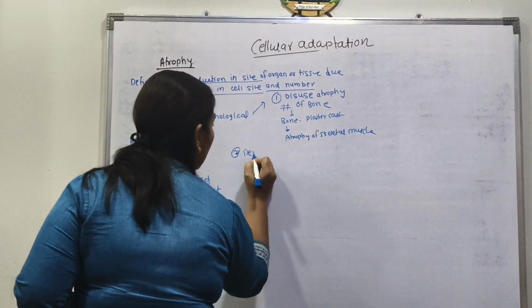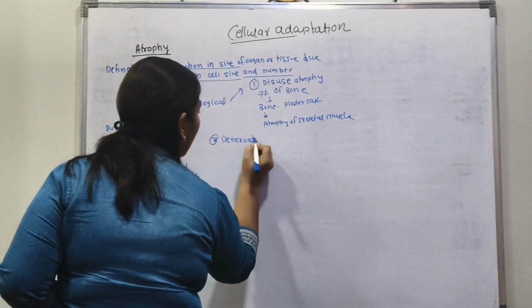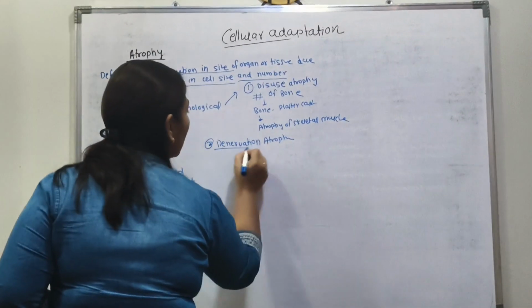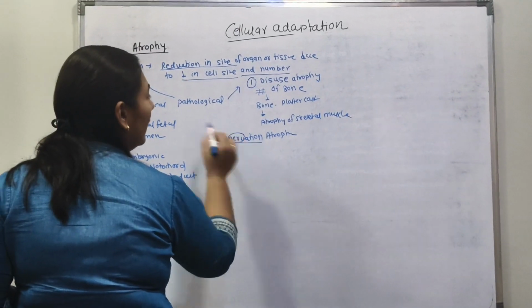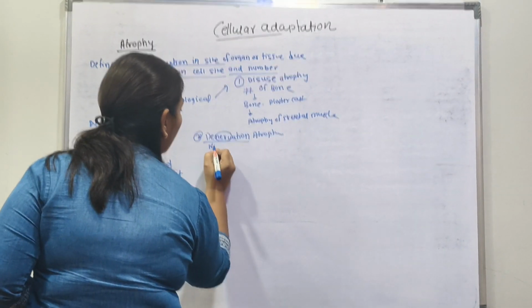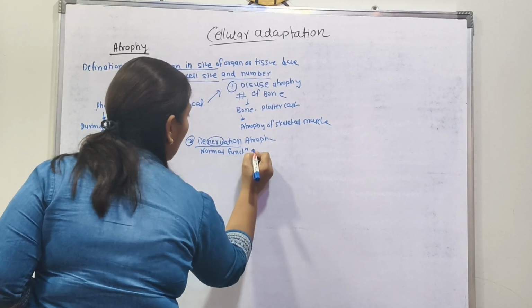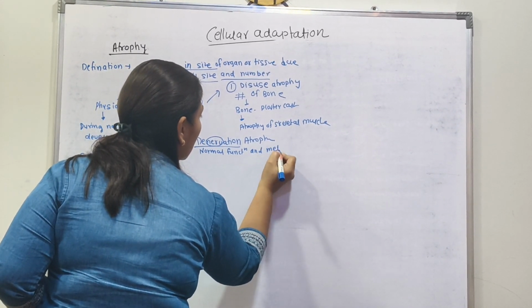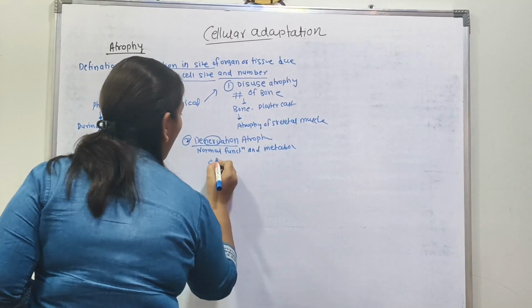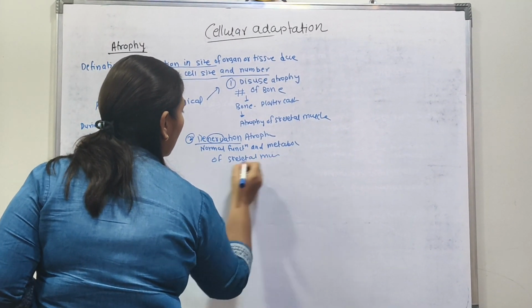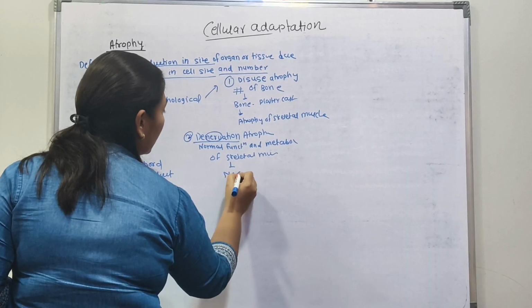Then the second cause is denervation atrophy. As the name suggests, denervation is related to the nerve. Normal function and metabolism of skeletal muscle depends on its nerve supply.